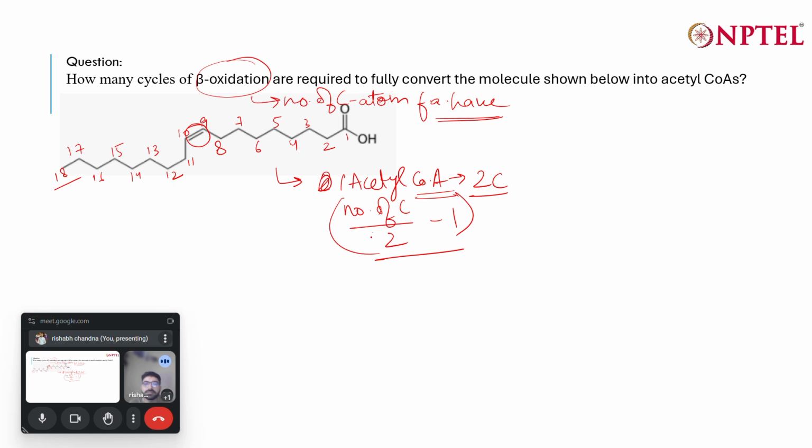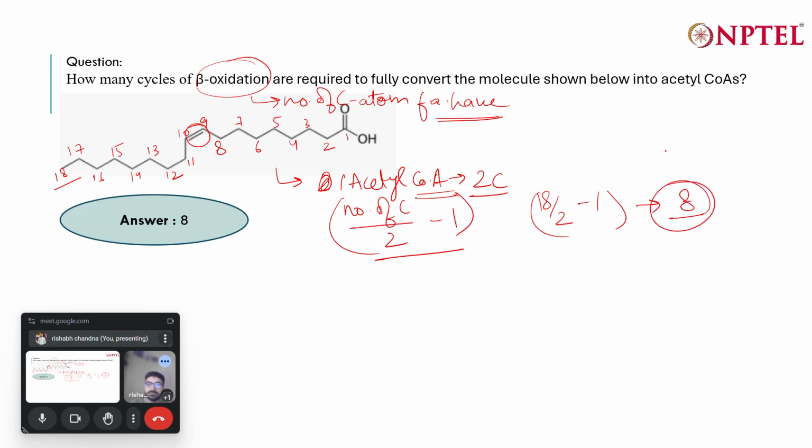The number of carbon atoms was 18, so 18 divided by 2 minus 1 would be 8. So any doubts in this question?